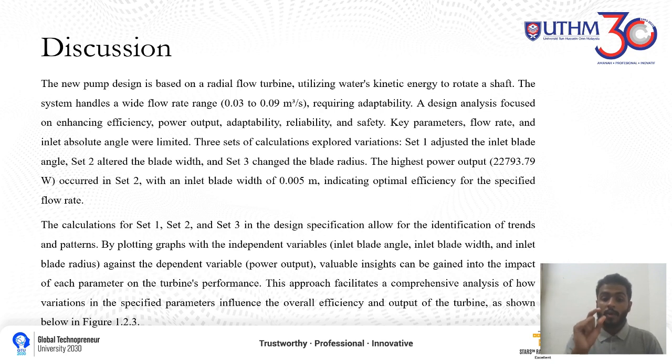When we reached the inlet blade width of 0.005 meter, we got the highest efficiency and the highest power output. That indicates that the lowest inlet blade width gives the highest energy output.